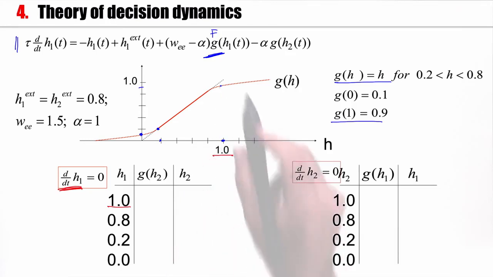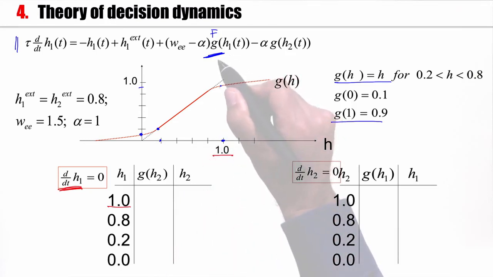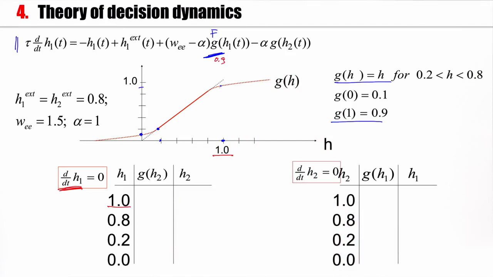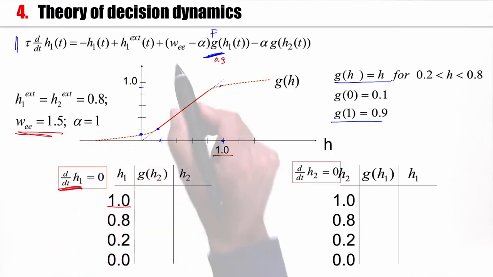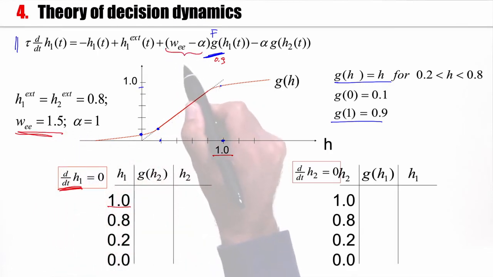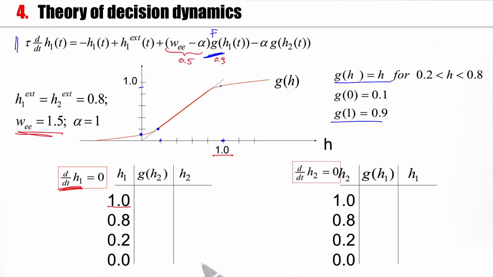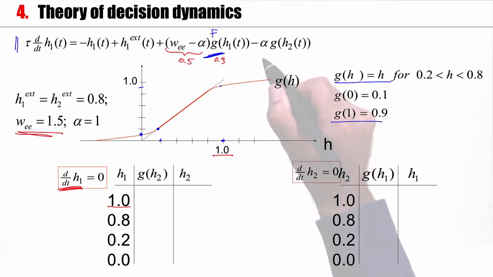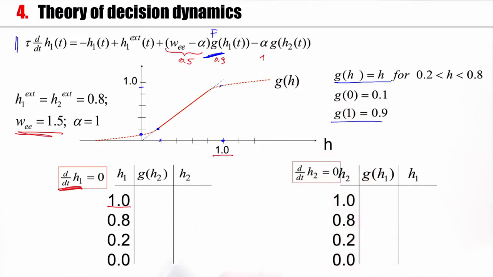So if I plug in 1, I have here 0.9. Now I've chosen WEE equal 1.5, alpha equal 1. So this has a value of 0.5. Then I have alpha here equal 1. I plug in h1 equal 1. So this is a 1. I have external input 0.8.